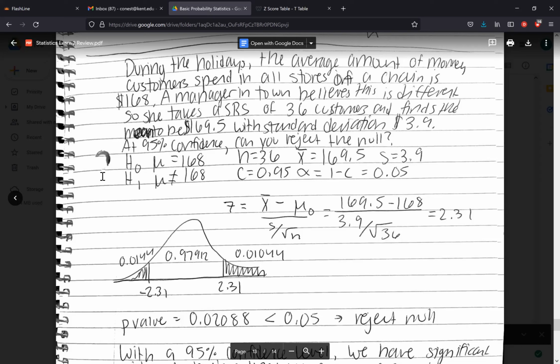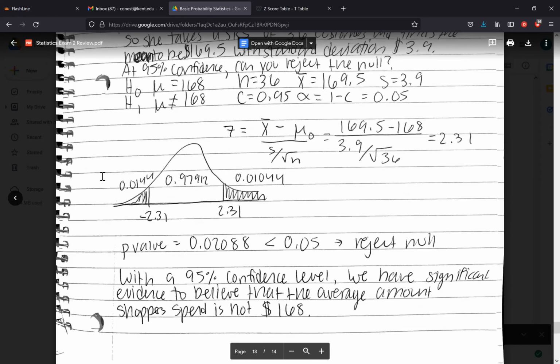So our alpha, our level of significance, is 1 minus 0.95, so it's 0.05. Again, if the problem doesn't specifically say 95% confidence, or if it doesn't give you an alpha, this is the value that you can assume.